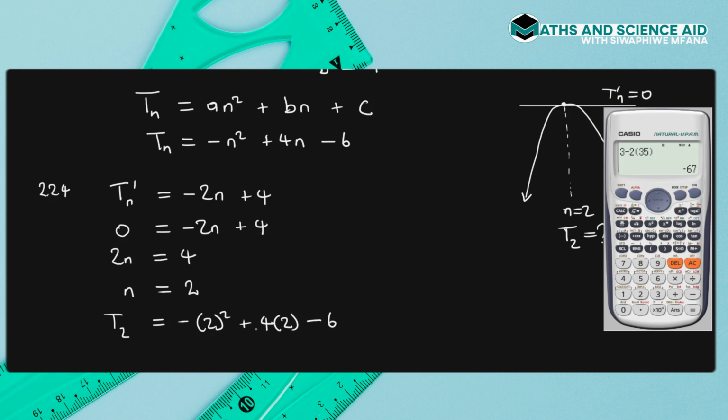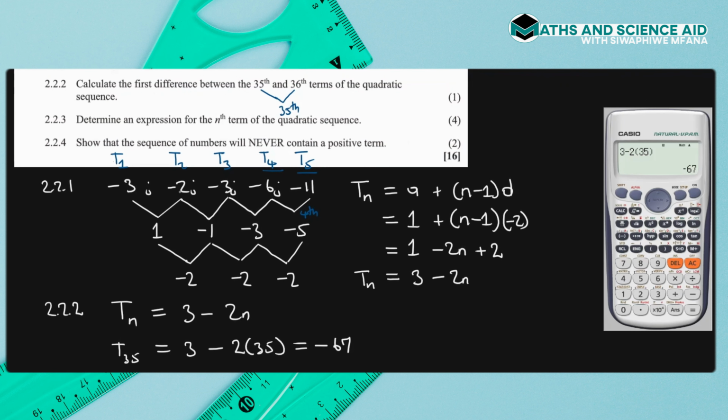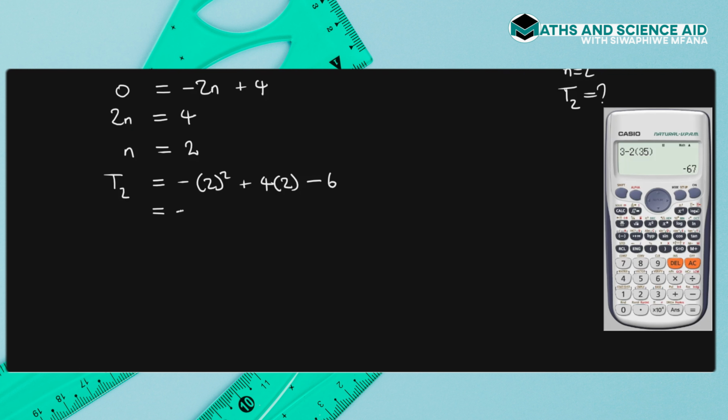In fact, this calculation is trivial here because we already know what the second term is for this quadratic sequence. There's actually no need for us to do this calculation because we already know that the second term is -2 as given here. So this is going to be equal to -2. You can check this in your calculator if you like.